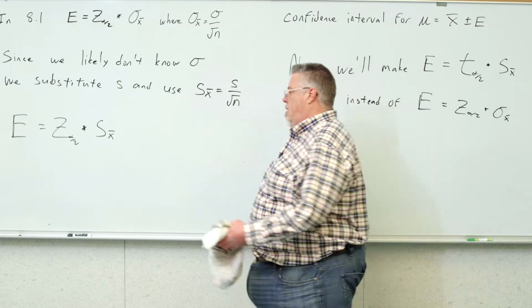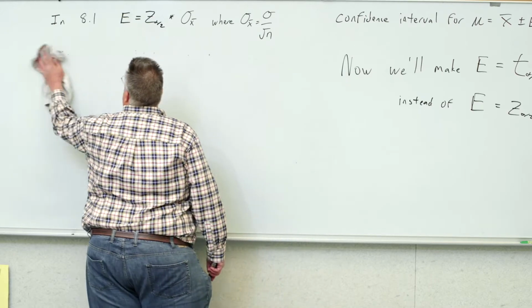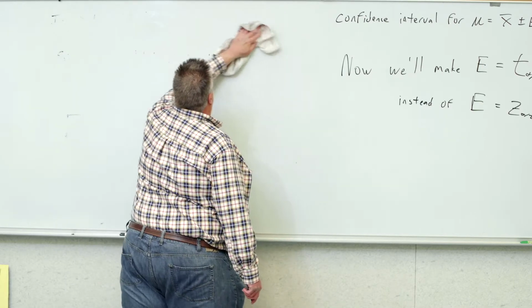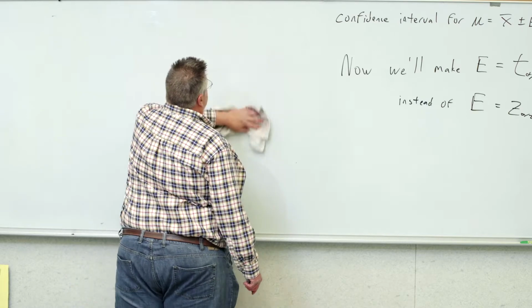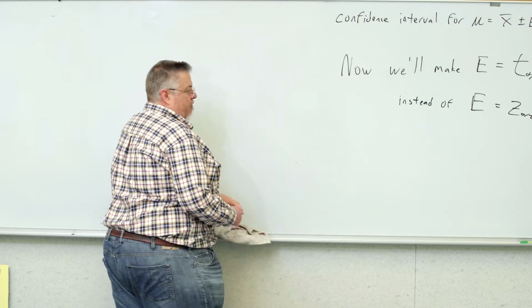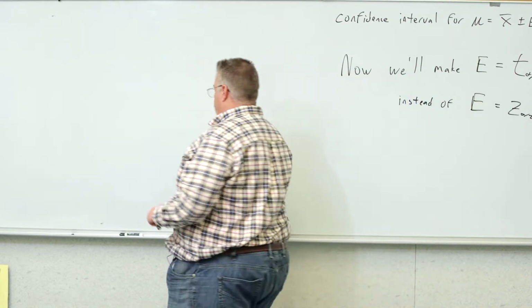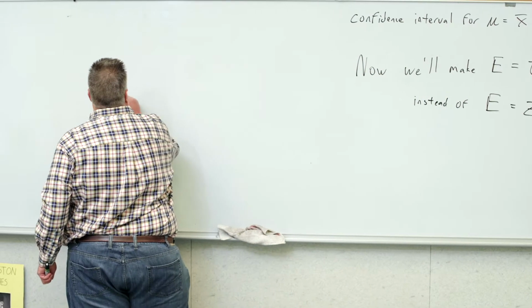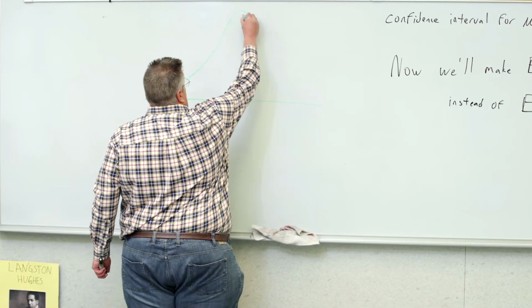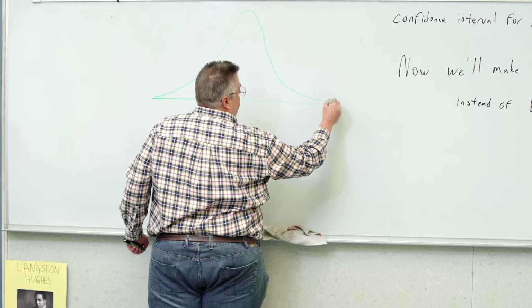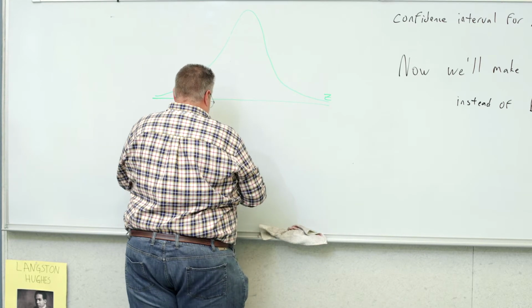Now, what do these look like? Well, if the normal distribution, my bell curve, and you don't even really need to focus on it that much, but if my bell curve, my z distribution, you're pretty used to seeing that. That's my z distribution.